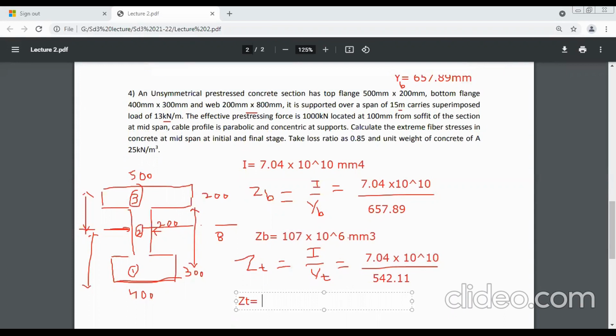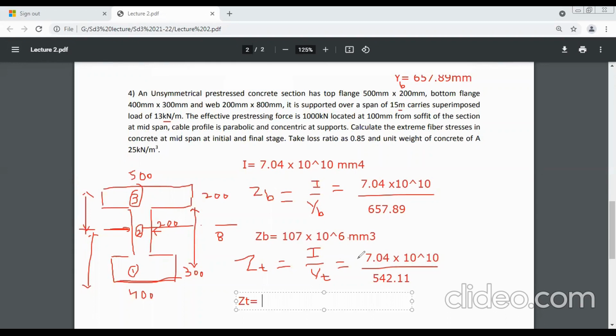Here one minute, just wait. So YT is 300 plus 800 plus 200. Here actually the total height is 1300. 1300 minus 657.89, it will be 642.